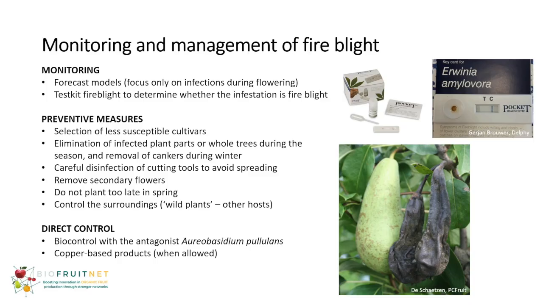Preventive measures: use less susceptible cultivars, eliminate the infected plant parts or infected whole trees during the season, and remove the cankers during winter. It is very important to carefully disinfect the cutting tools to avoid spreading, because the bacteria are spread very easily.